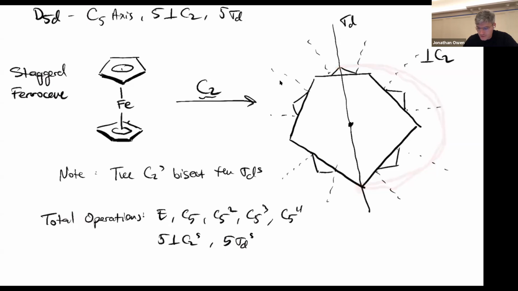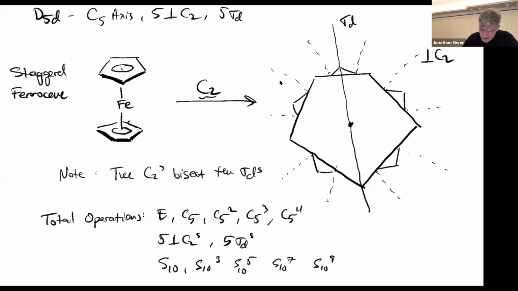That's 180-degree rotation. So it turns out this guy has what's called an S10, an S10 3 times, an S10 5 times, S10 7 times, S10 9 times.